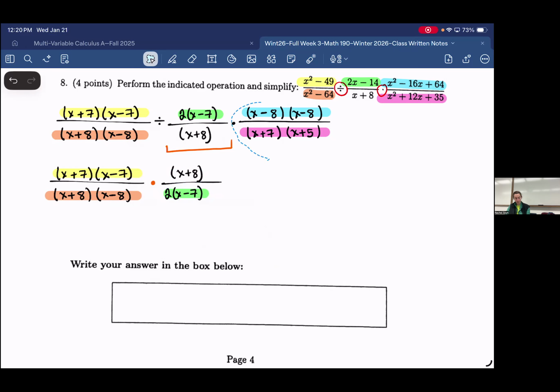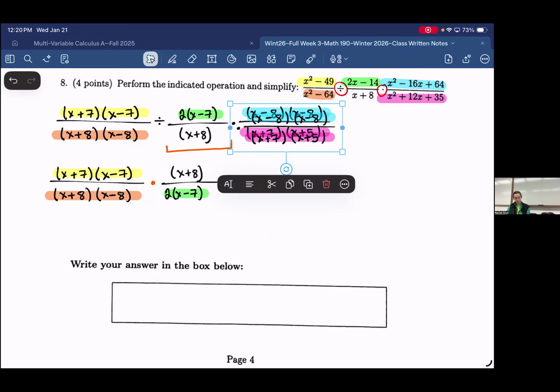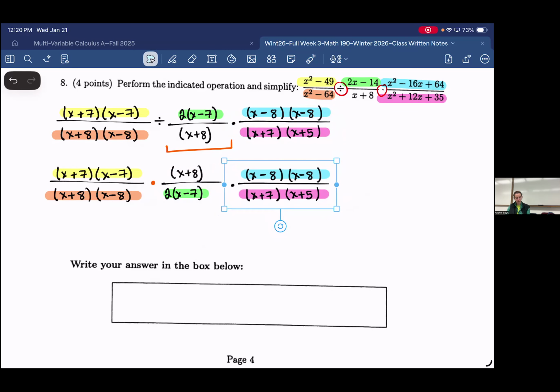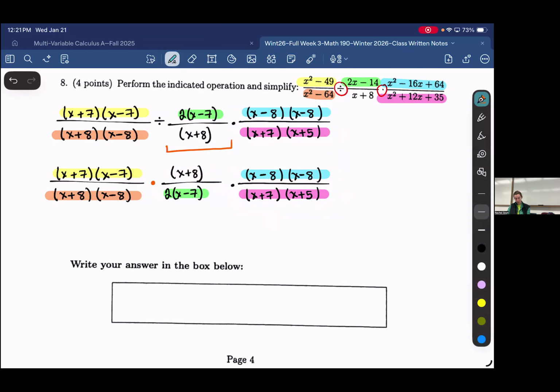And then this is all multiplication, so we can just bring that down. So now, since all operations are multiplication, we can just put the numerators all together and the denominators all together as one giant fraction. Again, you're just multiplying. And we can do a lot of cancellation at this point.